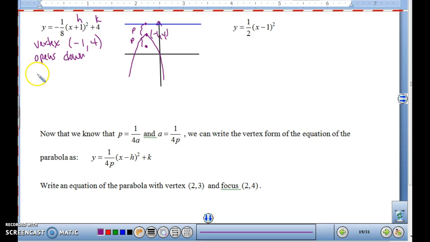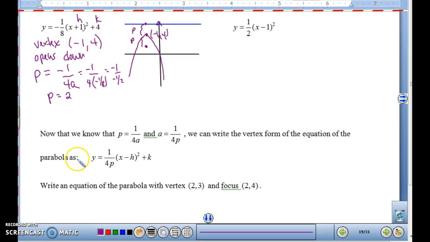Okay, so remember my focal length is here and there. That's my p. And since this is opening down, it's going to be p equals negative 1/4a. So a in this case is negative 1/8. So this is 4 times negative 1/8, which is negative 1/2, and negative 1 divided by negative 1/2 means p is going to equal 2.